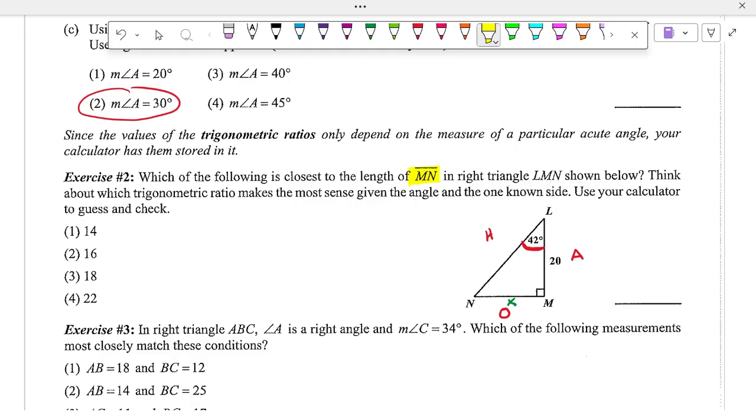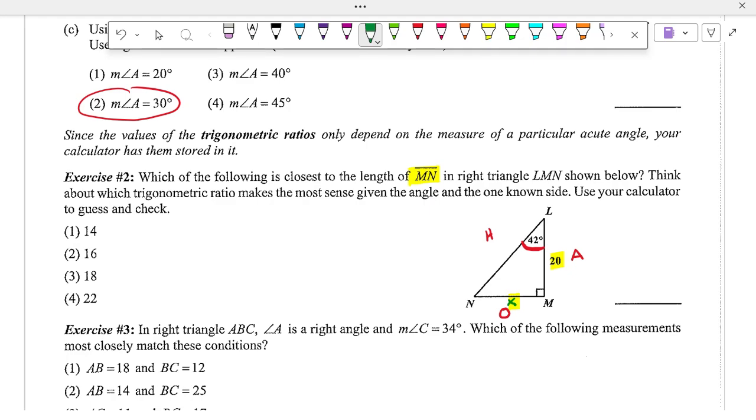So look at the two sides that are marked. It would be tangent. Why? Right. So they gave you the adjacent, and we're trying to find the opposite. So because those are the two we're trying to use, tangent would make the most sense since tangent is opposite over adjacent.